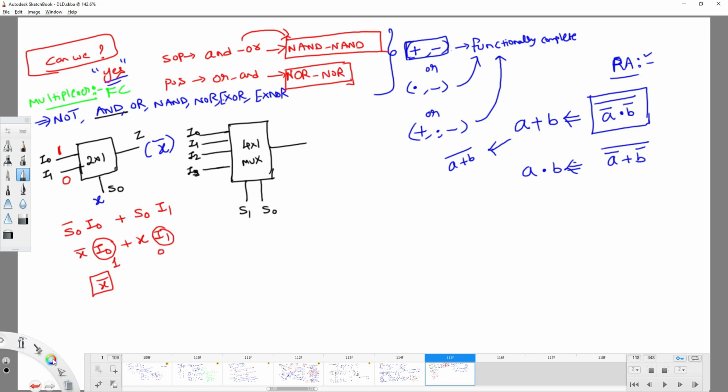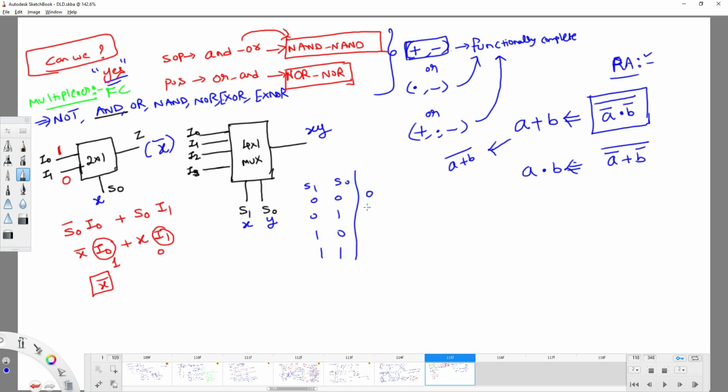Now, if I pass inputs X and Y, what output do I require? XY. If you construct the truth table for S1, S0: 0 0, 0 1, 1 0, 1 1.